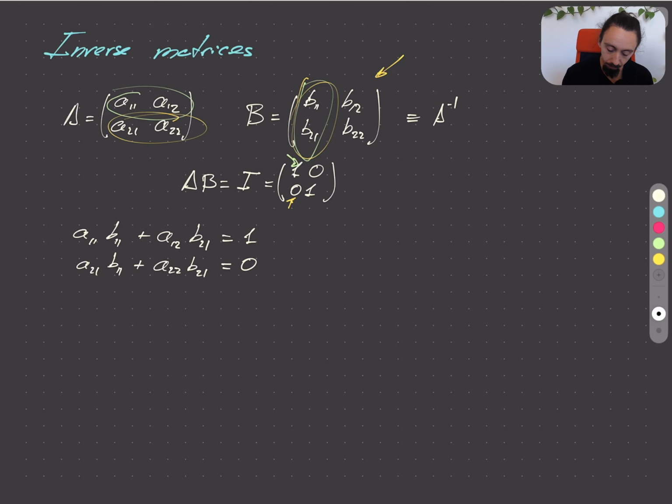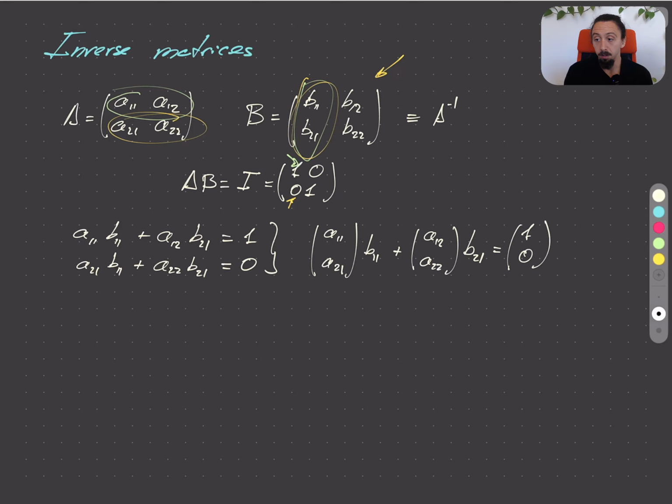Notice that this is a system of equations for the unknowns B11 and B21, so we can write it as before as (A11, A21) B11 plus (A12, A22) B21 equals (1, 0). And this is exactly a system of equations as we saw in the previous lecture.